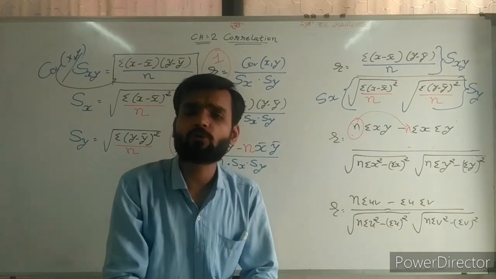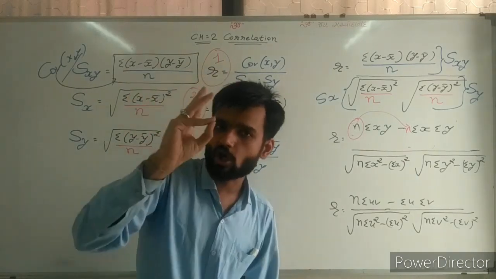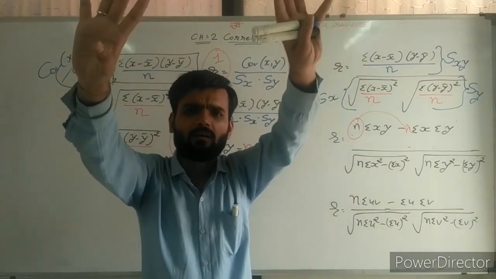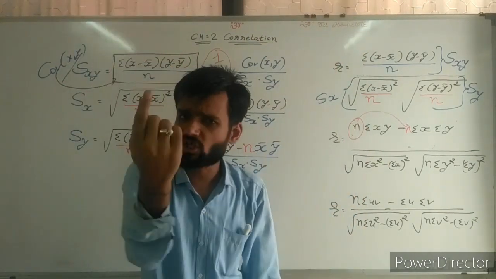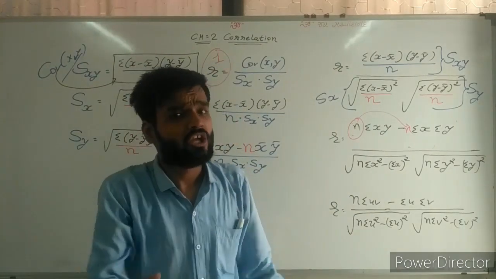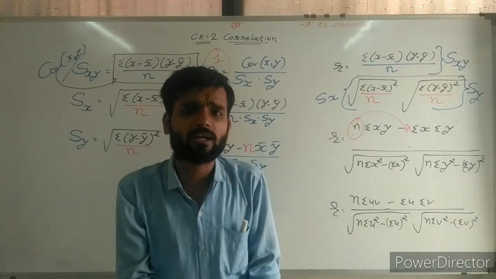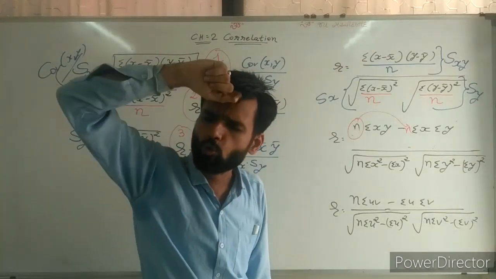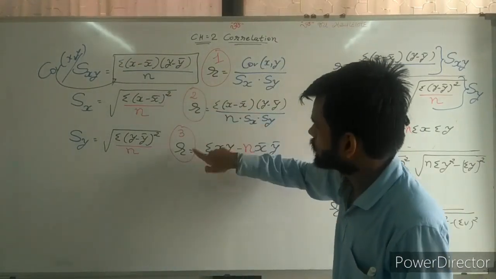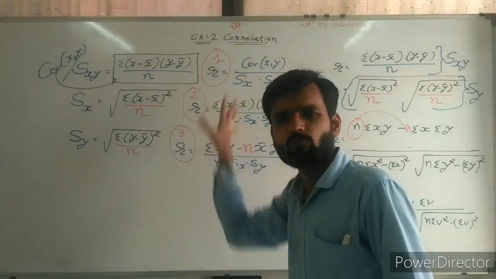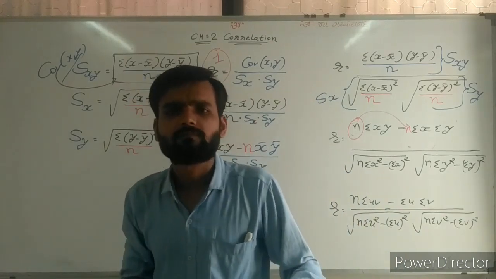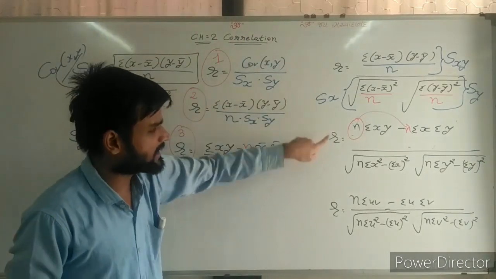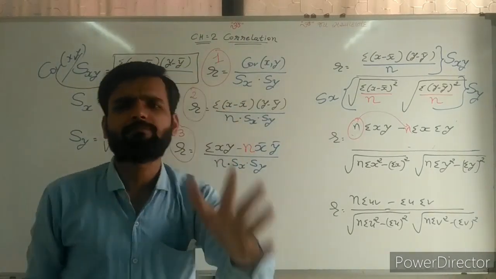Whenever information about standard deviation of x, or standard deviation of y, or both, variance of x, variance of y, any one information is given, then you have to use these 6 formulas only. These formulas are not applicable at that time.